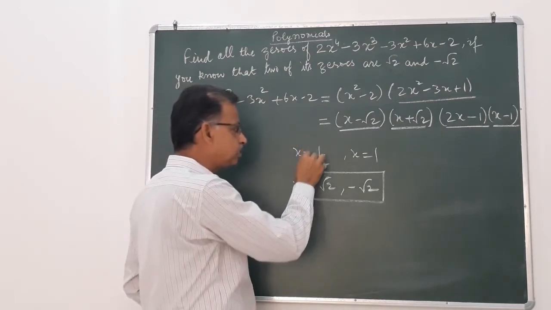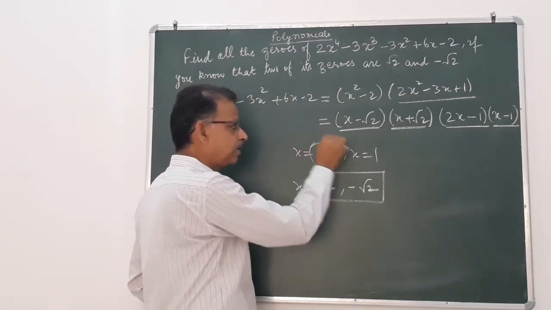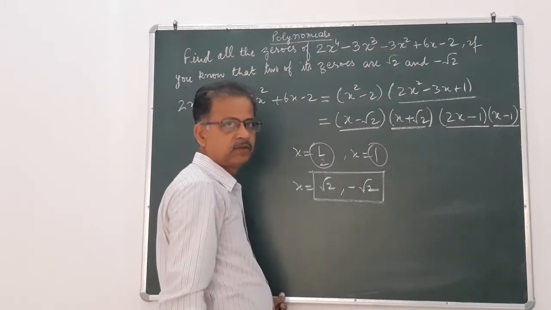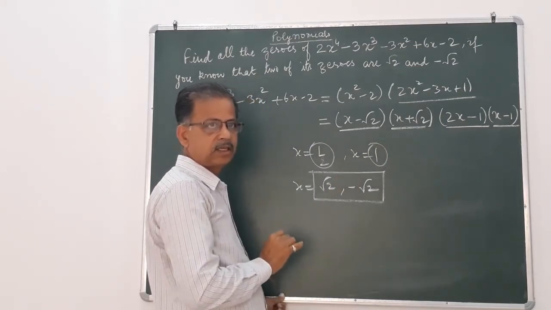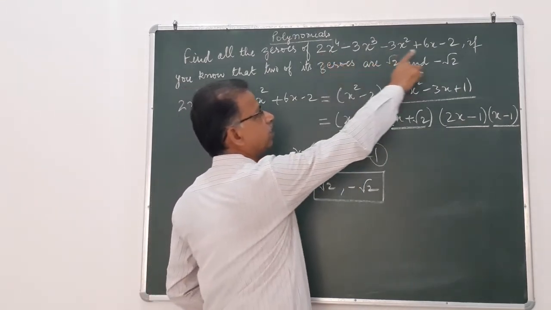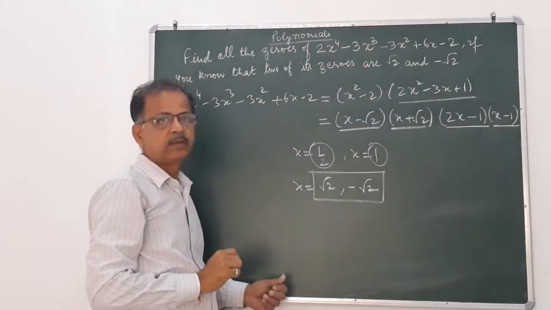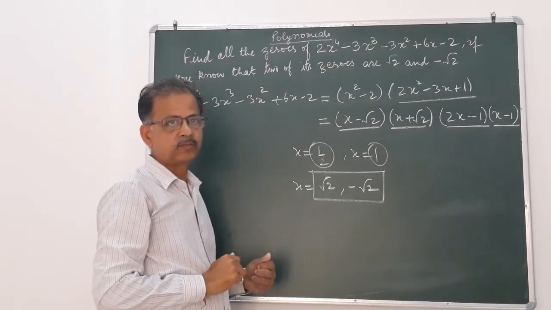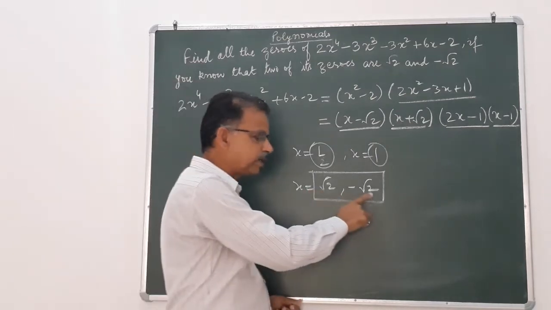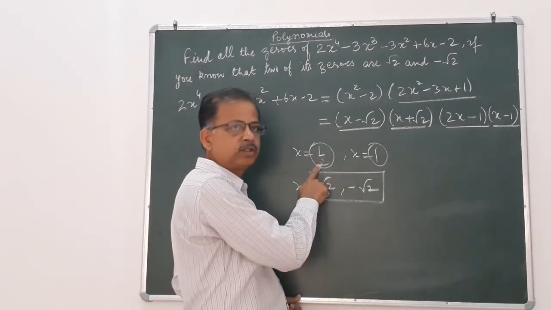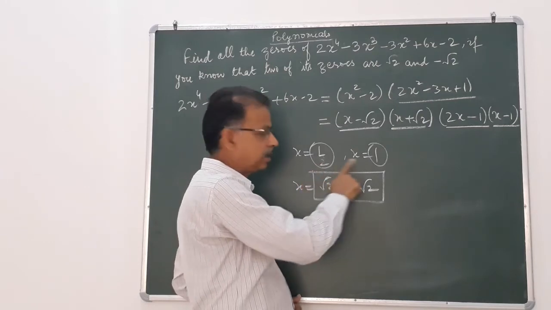So the remaining two zeros are half and 1. We must remember that the degree of the given polynomial is 4. It means this polynomial can have maximum 4 zeros, out of which 2 zeros were given and 2 zeros are half and 1.